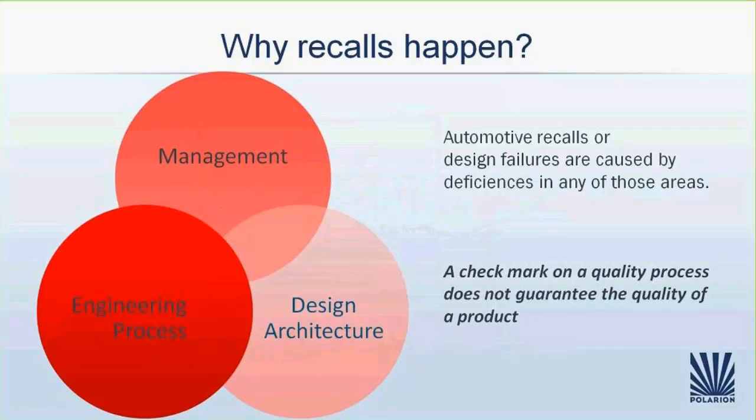And then we have the third area where recalls happen, the design architecture. How many times have we heard that when we do the first integration in the vehicle, the systems didn't communicate properly, that there was a message missed, or that the data expected from another component didn't receive the correct implementation or the correct data transmitted over the bus, or just the wire was not okay.